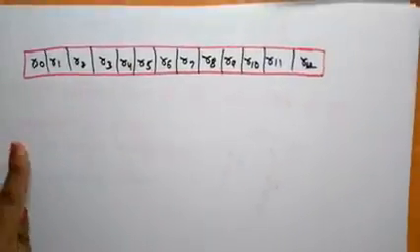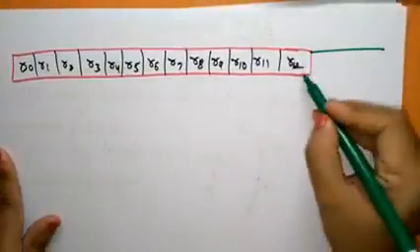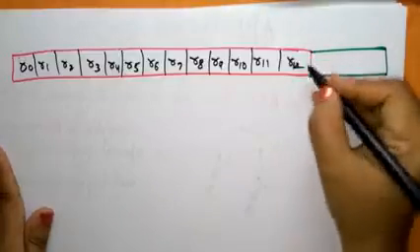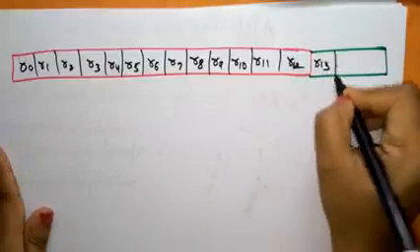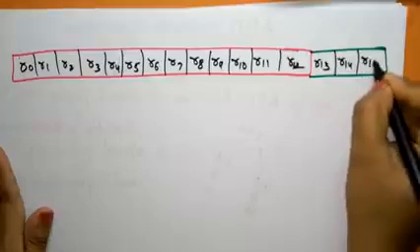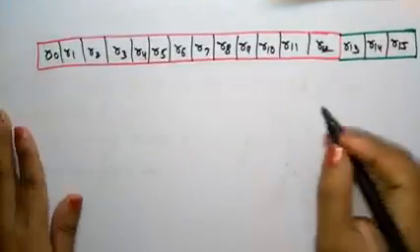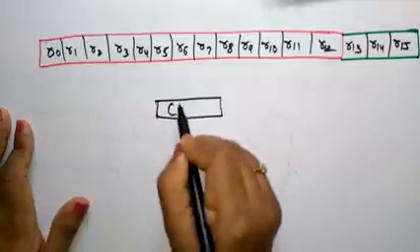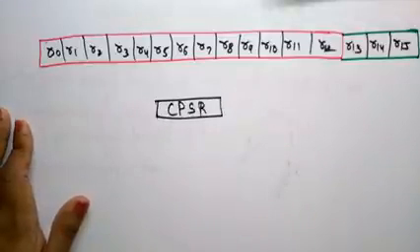These are the general purpose registers, and the remaining are the special purpose registers, like R13, R14, R15. And one more special register is there, that is the CPSR. I will explain this.